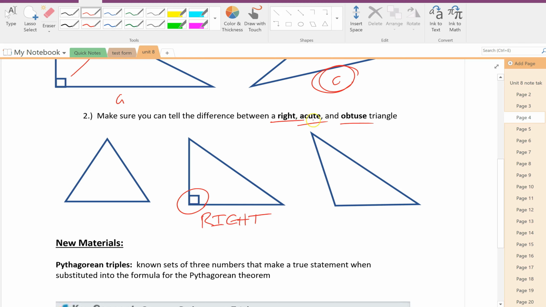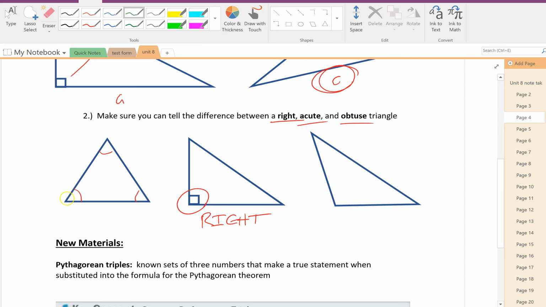Okay, an acute triangle. Remember, acute means an angle less than 90 degrees. So acute triangles are triangles that have all three angles less than 90 degrees. That's going to be this one over here on the left, right? I can look and see all three of those angles are less than what they would be if they were 90 degrees.